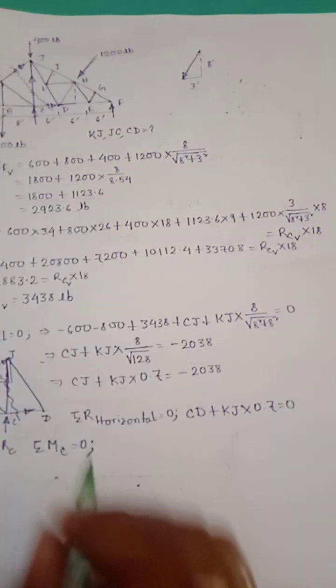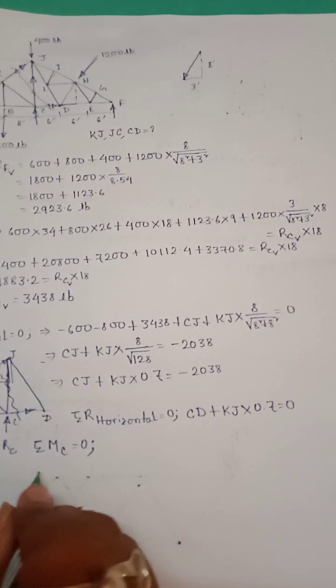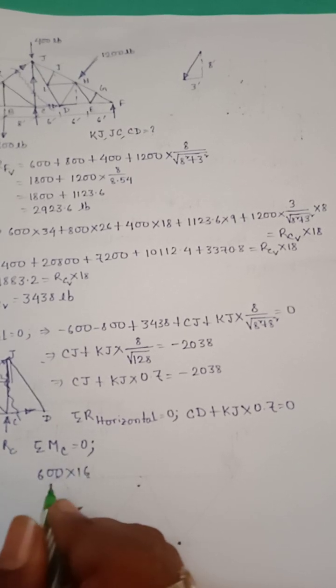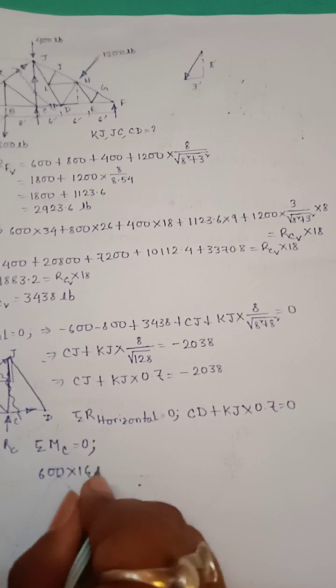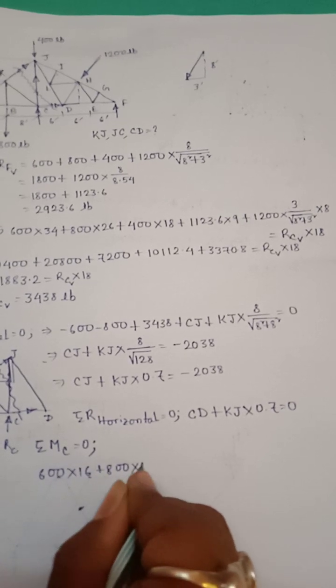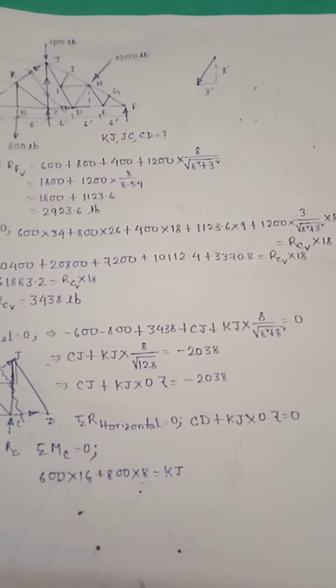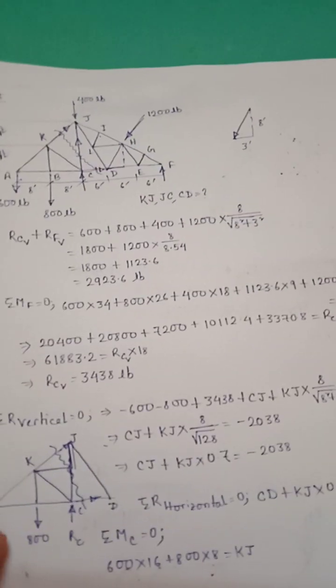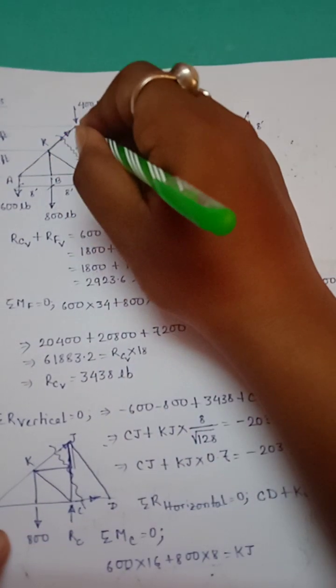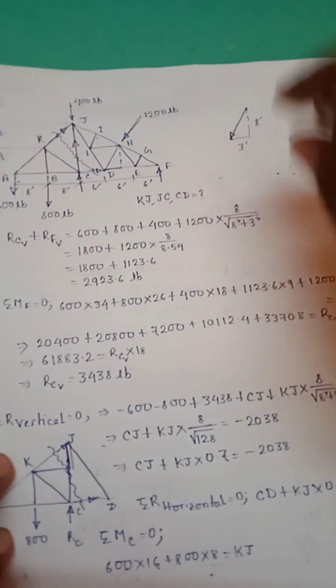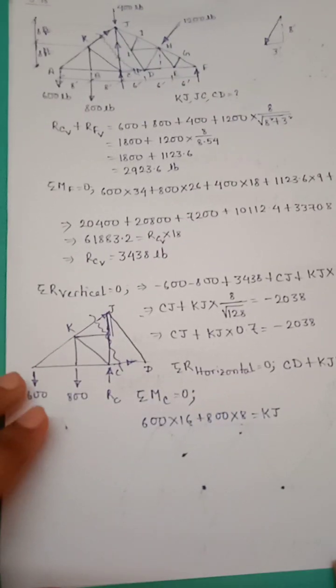For moment about C, we get, for downward forces, 600 into 16 plus 800 into 8 is equal to KJ, and the distance from KJ to point C, how will we know that?